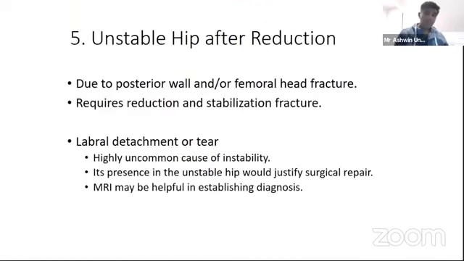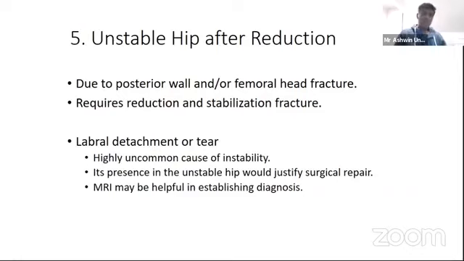Now, this is one which you always have to worry about. Once you have reduced the hip, what do you do if it is unstable? Either it is due to a posterior wall problem, or there is a labral detachment or a tear. The labral detachment is slightly uncommon.